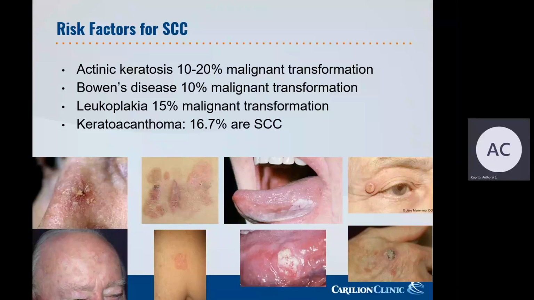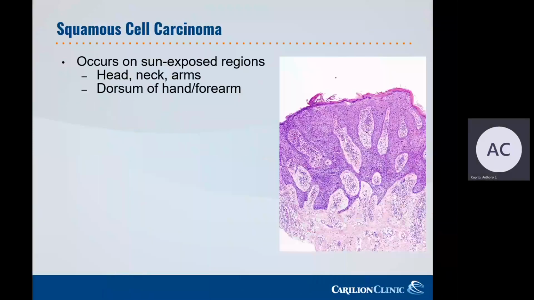This is a large papule with central ulceration and keratinizing material centrally. The history is they come on rapidly and then they involute, and it can take up to a full year. But like I said, 16% are actual squamous cells, so most of the time the treatment is excision to ensure they don't turn into malignancy.